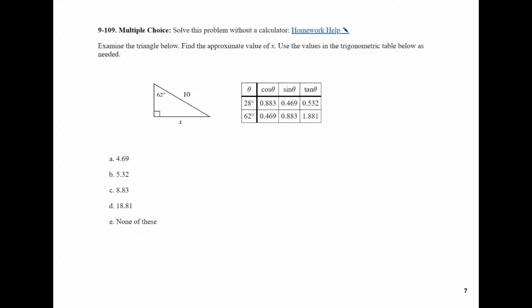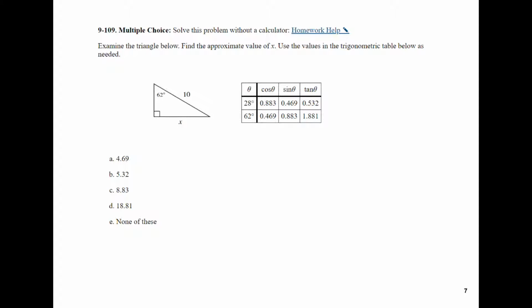9-109 is a multiple choice problem. Solve this problem without a calculator. Examine the triangle below. Find the approximate value of x. Use the values in the trig table below.